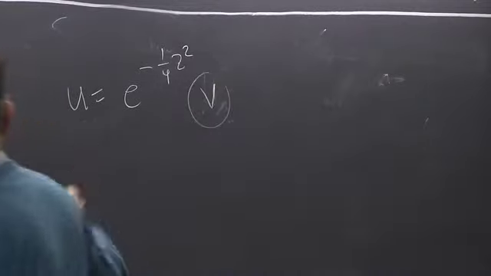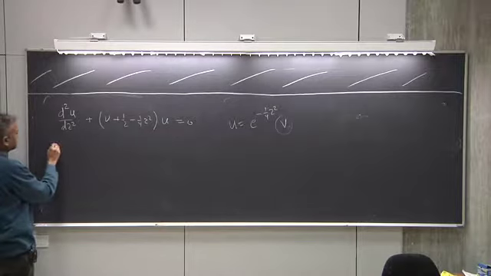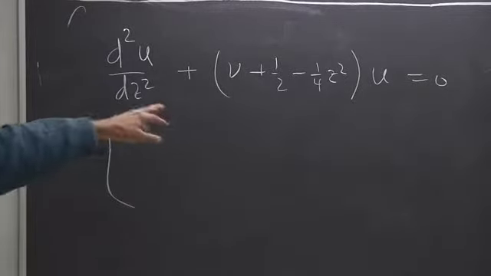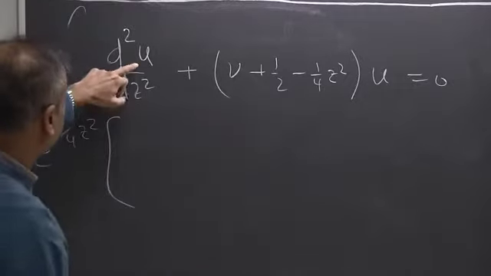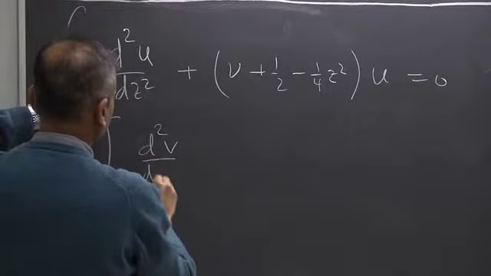So we have to do this thing. Substitute that here. For d2u by dz2, you'll have two terms. So e to the power of minus 1/4 z square will come out as a common factor from each term. There will be one term where both the derivatives hit v, so it's d2v over dz2.